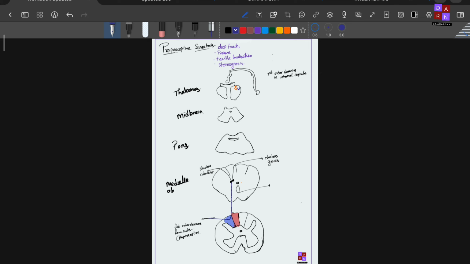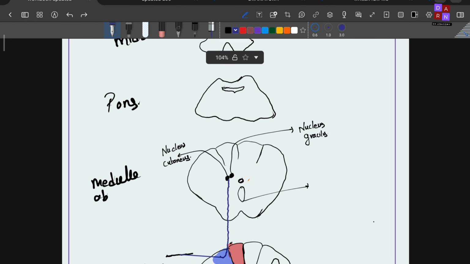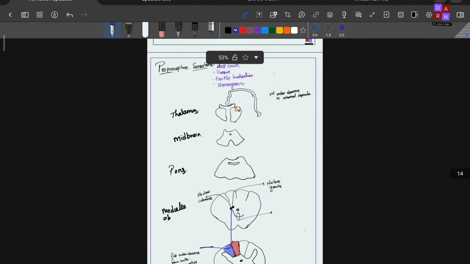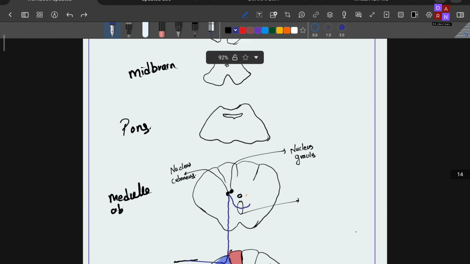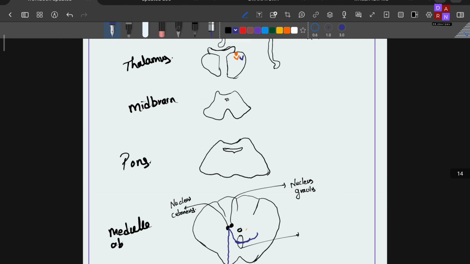From here, the second order neurons cross in the medulla oblongata and ascend upwards to the posteroventral nucleus of the thalamus.